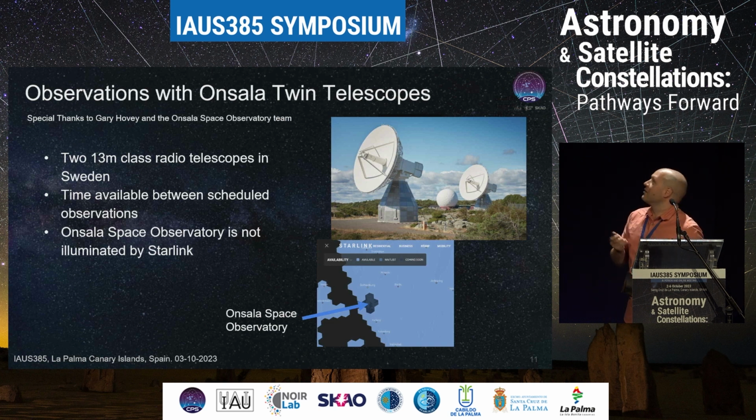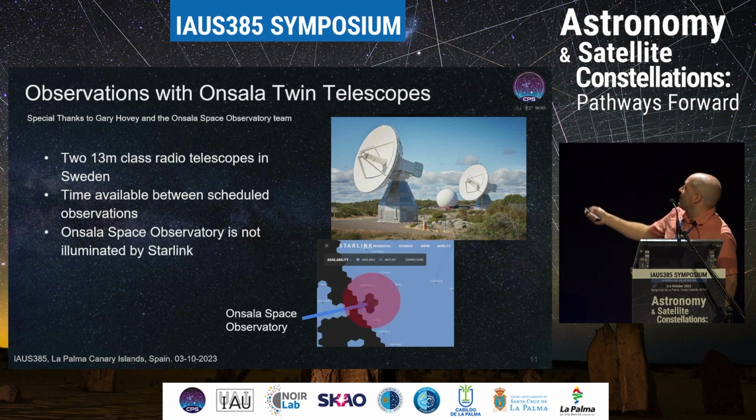But we got lucky, and the Onsala Space Observatory was kind enough to collaborate with us, and they made available the Onsala twin telescopes for some time, between scheduling of the observations of the telescopes. They said, all right, you can use your telescopes for a moment of time to do these observations because the telescopes can work at these frequencies.